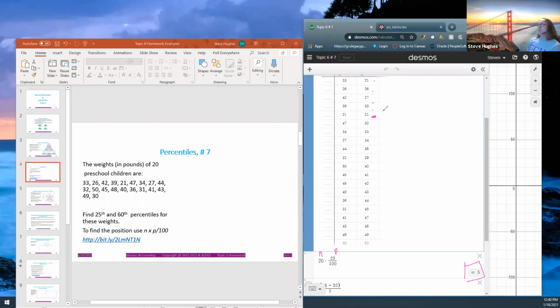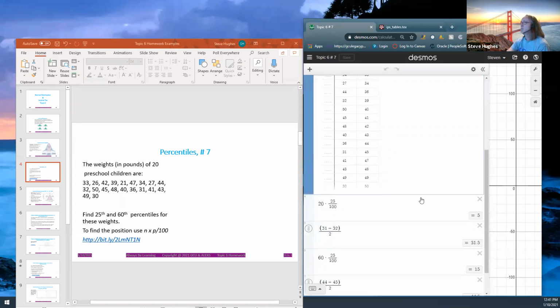Since this number 5 is an integer, I need to find the mean of the 5th and the 6th positions. Okay, that's these two values right here. All right, so let's scroll down just a little bit on my calculator.